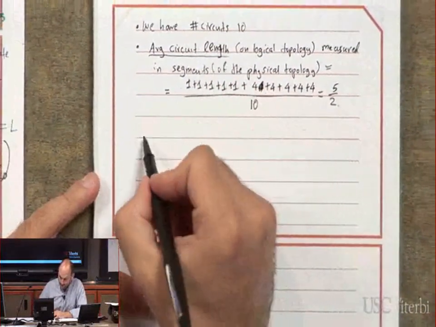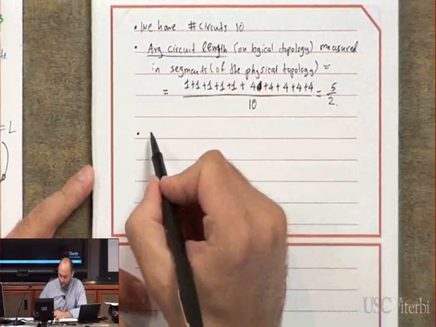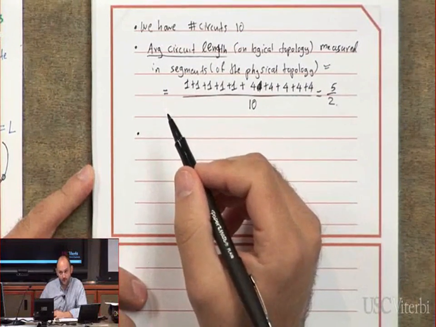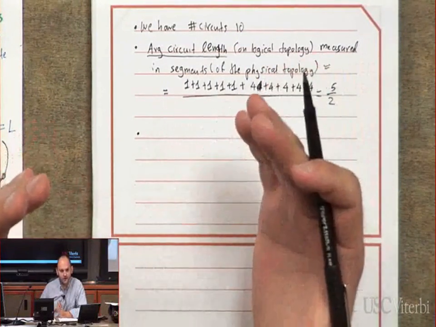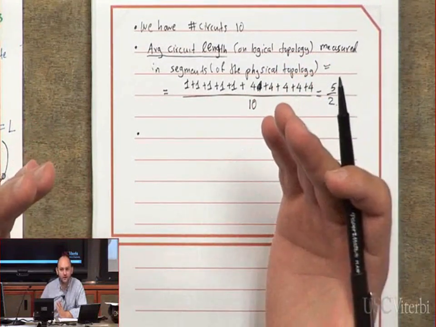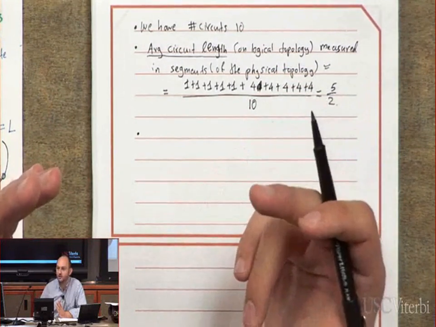Now, another metric that we want is to find the number of circuits per segment. Why do we want that? Because that's what is going to give us how many people are sharing the bandwidth of OC192.